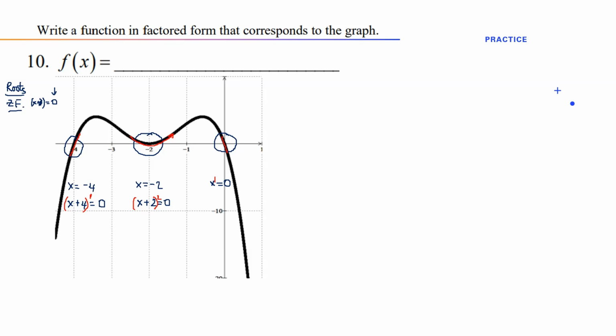Now we check for n. We have left end down, the same direction as the right end, so n is even. Now we check for a.